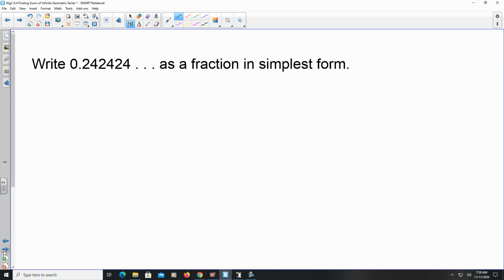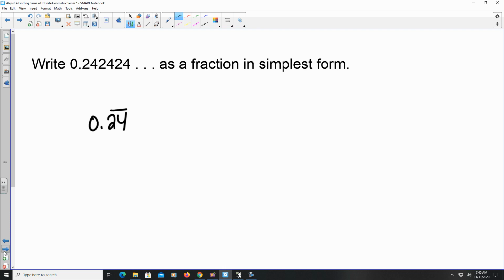All right, last thing is talking about repeated decimals and how to rewrite them as fractions. So sometimes you'll see this as like 0.24 repeating like this. And here is kind of how we go about solving this. You are going to show it as a geometric series.